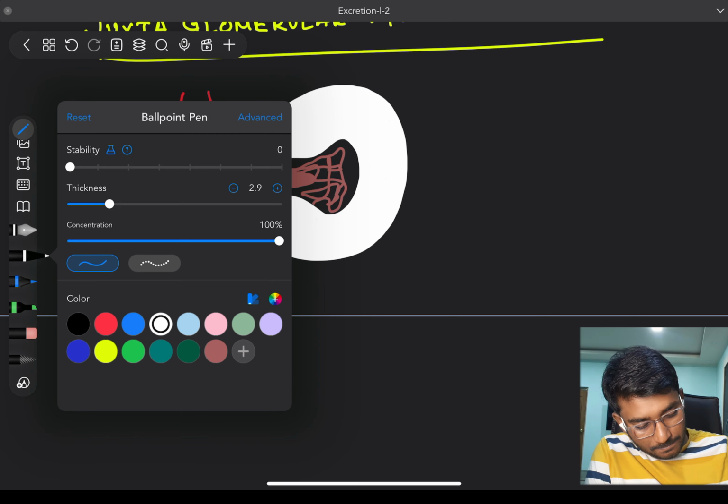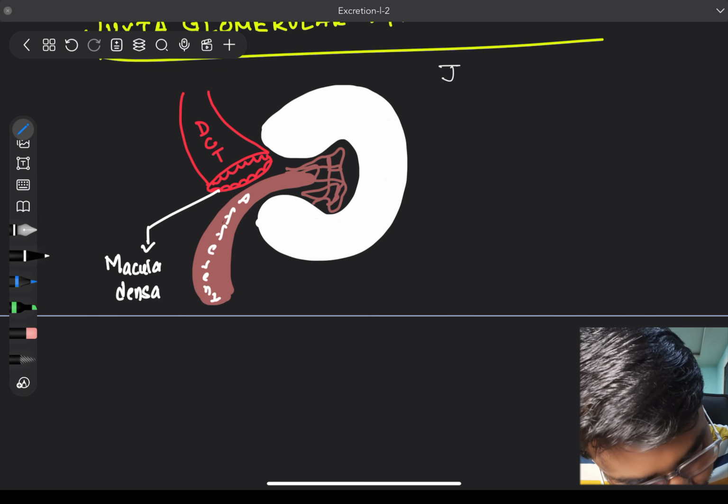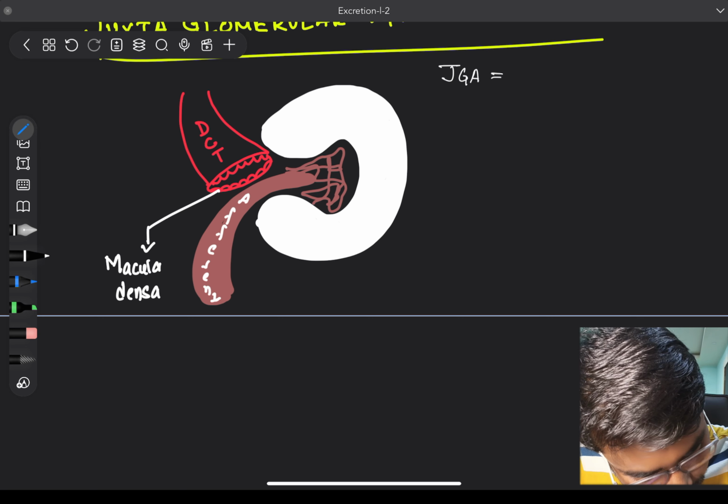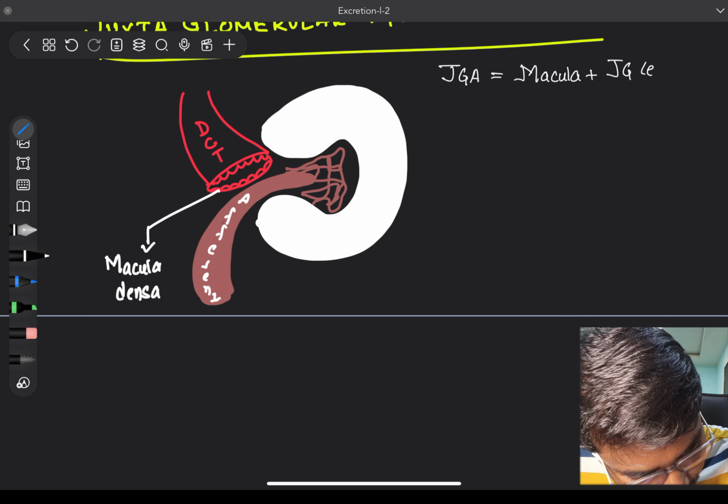Now the JGA is macula densa plus JG cells.